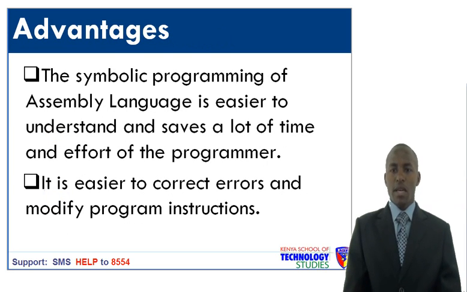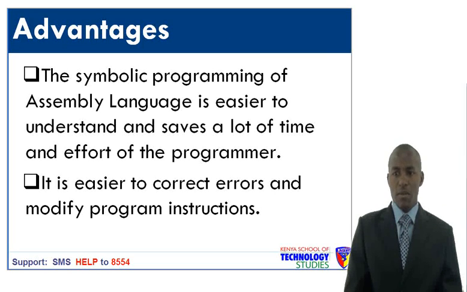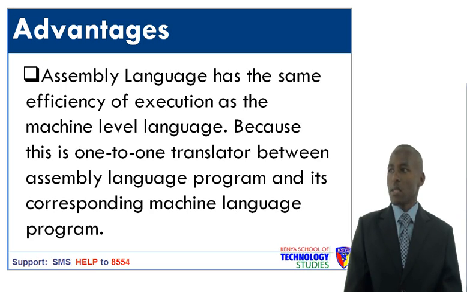Now let us look at the advantages of assembly language. The symbolic programming of assembly language is easier to understand and saves a lot of time and effort of the programmer. It is also easier to correct errors and modify program instructions.